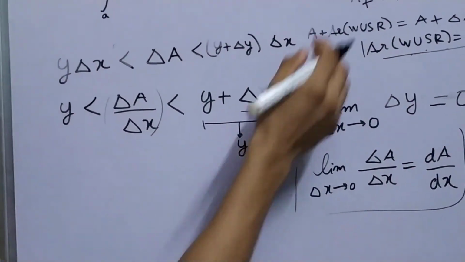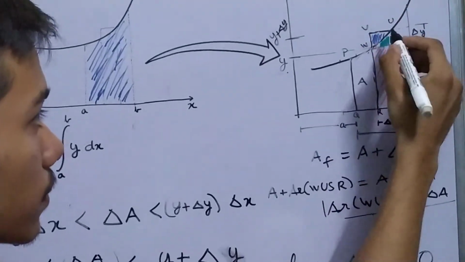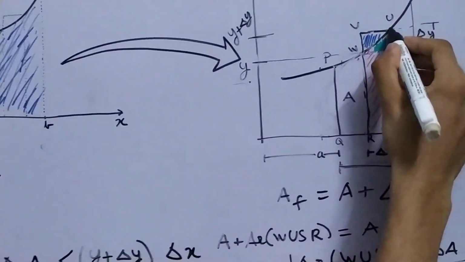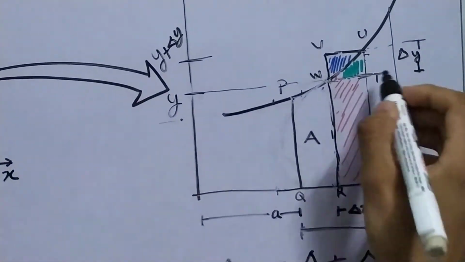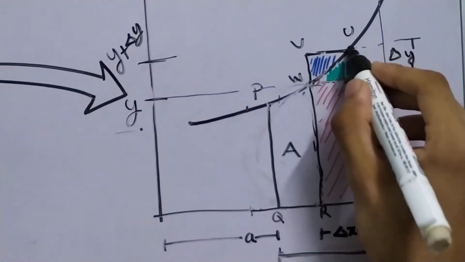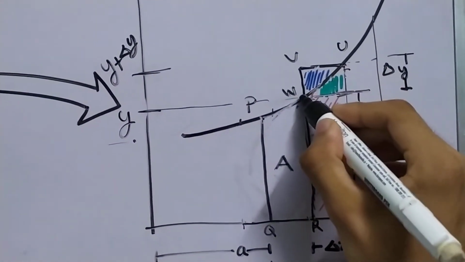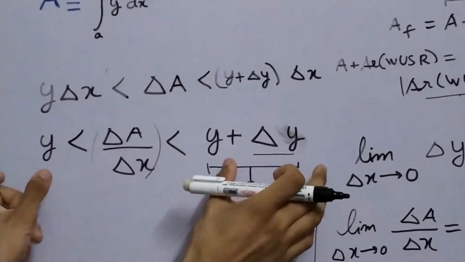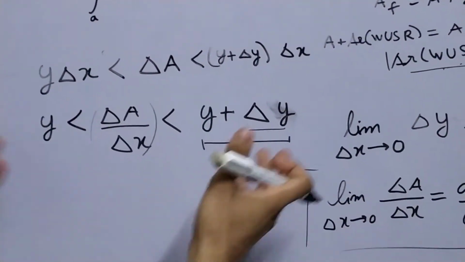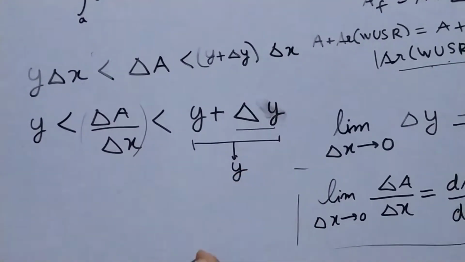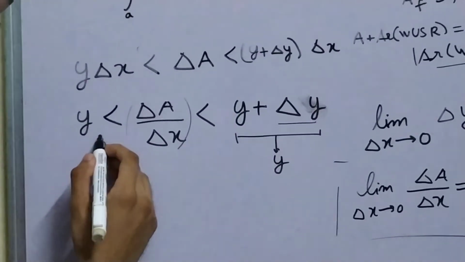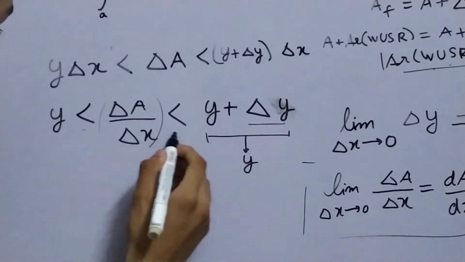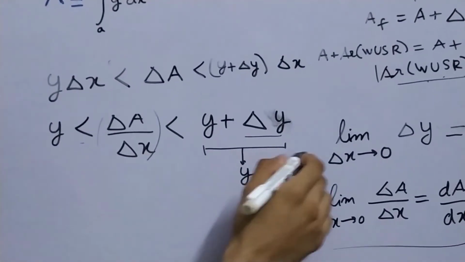And as we reduce this delta x, this point t, this is t, this is u, sorry, u will come closer and closer to w, which means these two areas will start becoming equal to each other, and therefore we'll have an equality between these three.